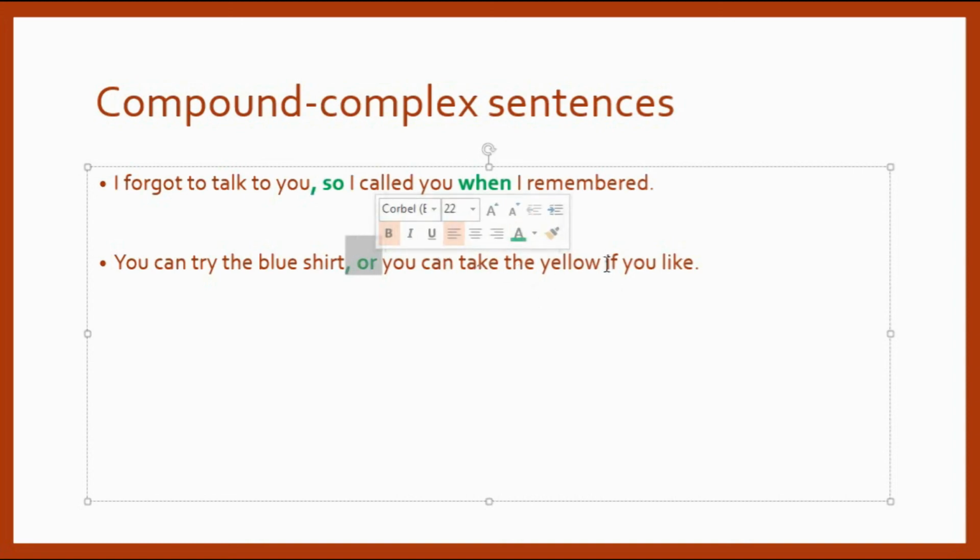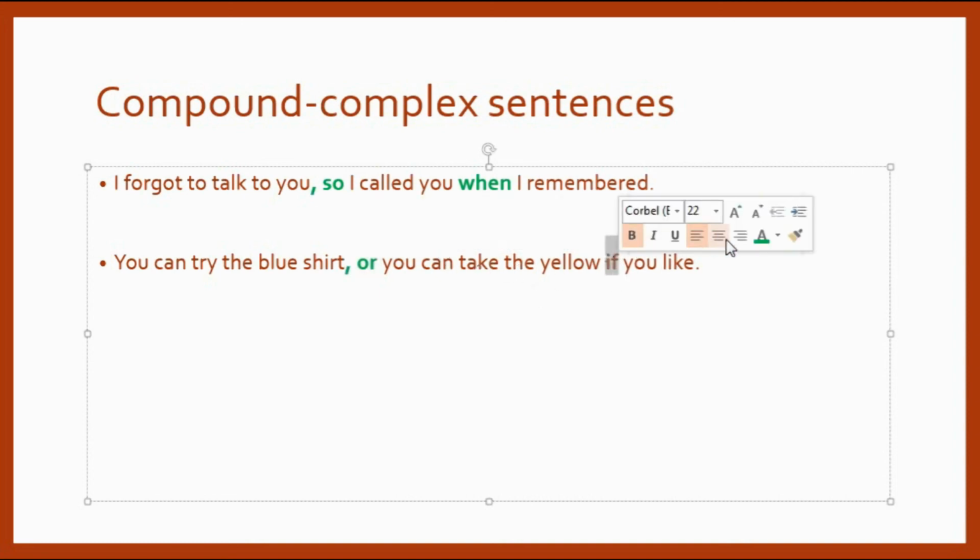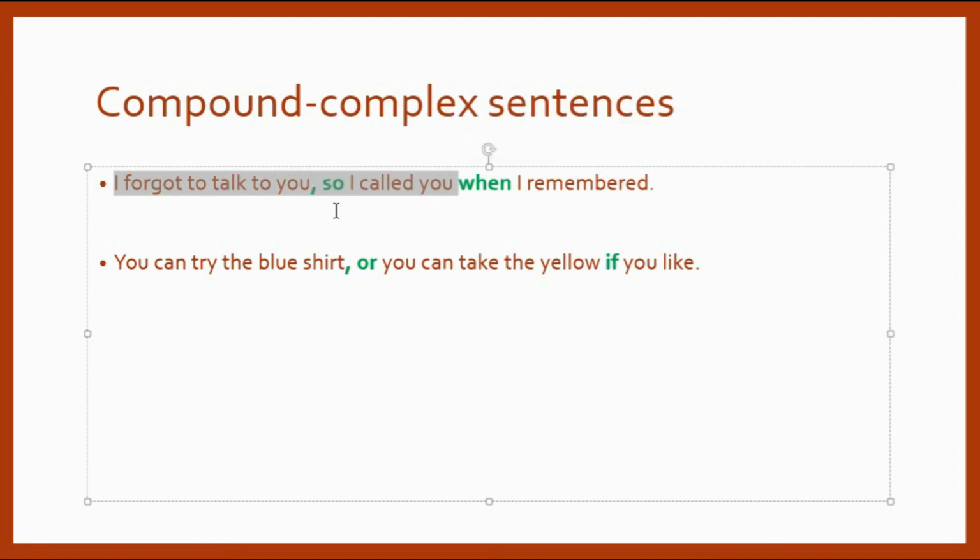Same thing goes for the sentence. Here we have that, and we have if, right? I forgot to talk to you, right? So, as a result, we talked about it, I called you, right? When I remembered. So this part of the sentence is my complex sentence, right? And this part is my compound sentence, right?